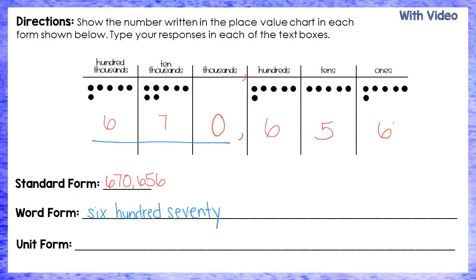Now we got to the comma, and when we see the comma, we always think thousand. So we actually have 670,000. Then we read the rest of the number. We read the hundreds, tens, and ones. This number is 656. 600, so I'm going to write 600, then 56.